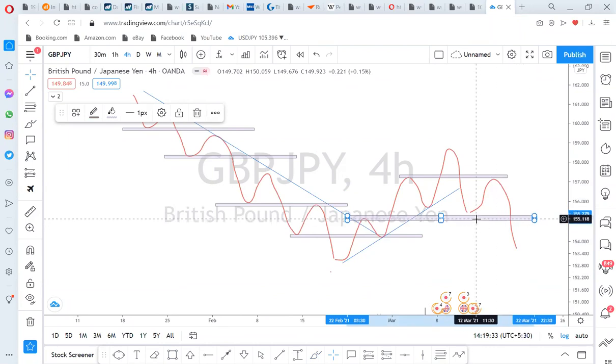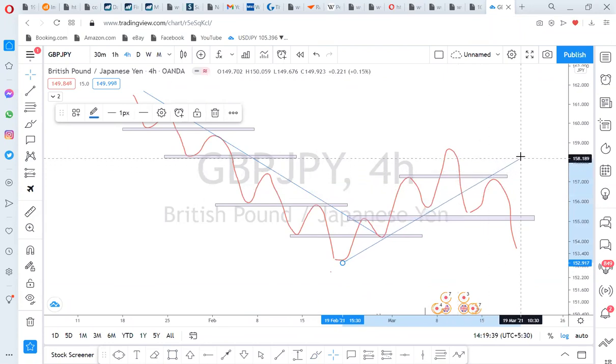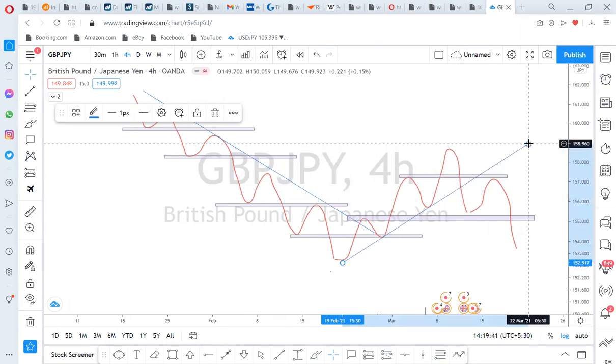Once this happens, then we know that price is actually shifting back to the corrective direction of the trend. And this is where we look for an entry.